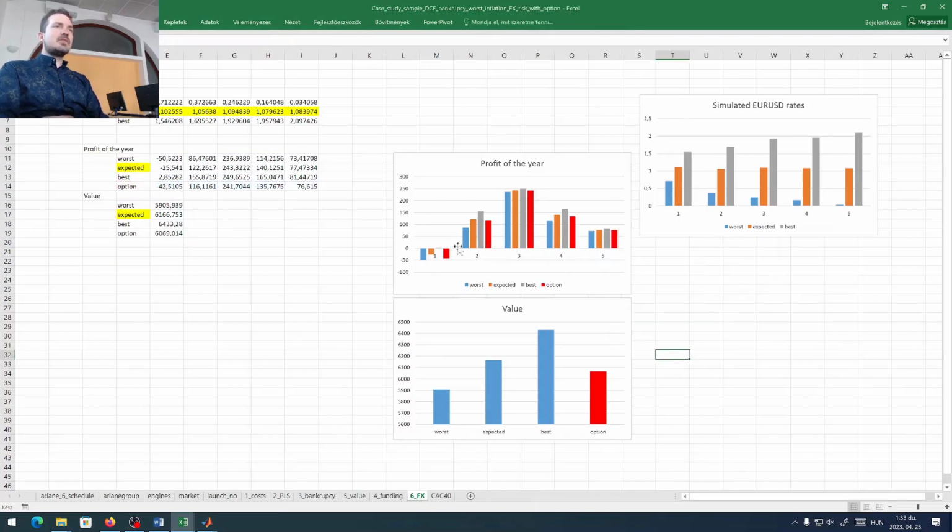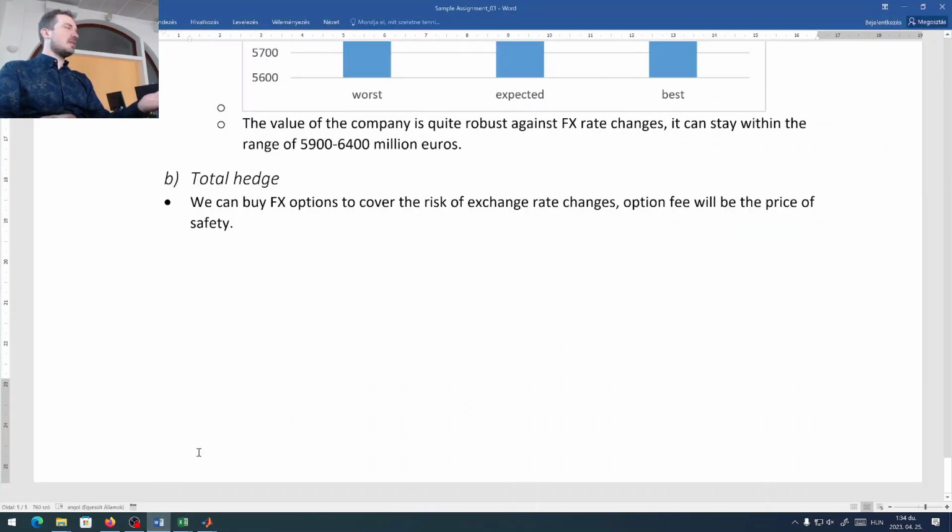It can create us some mediocre profit, and it can cut some of the values, but practically there is not so much difference between the expected scenario when everything goes well and where nothing can go wrong. So in this case I can say that practically it's up to the preferences of the management at this point.